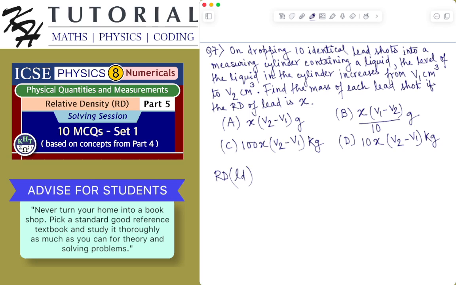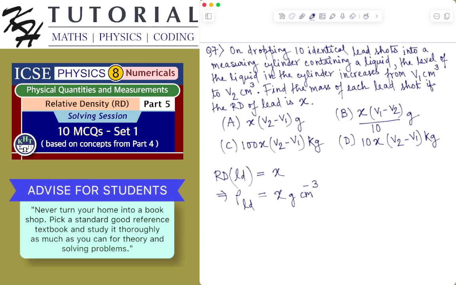So the relative density of lead is given to be X. So I can clearly say that the density of lead will be equal to X gram per centimeter cube. Since the volume is given in centimeter cube, let's use the CGS unit system. So the density of lead will be equal to X gram per centimeter cube. Okay, so we know the density of lead.